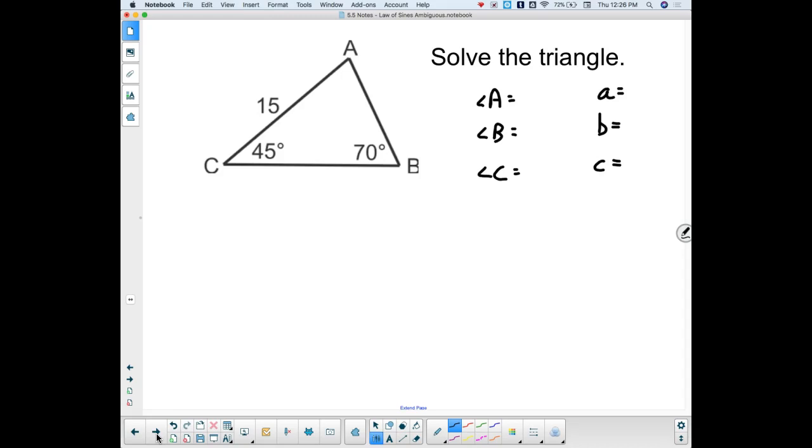Okay. Knowing the things that you know from geometry, the three angles of a triangle add up to be 180 degrees. So angle A is going to be 180 degrees minus 45 degrees minus 70 degrees, which makes angle A be 65 degrees.